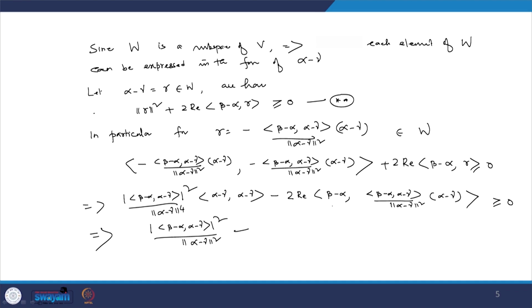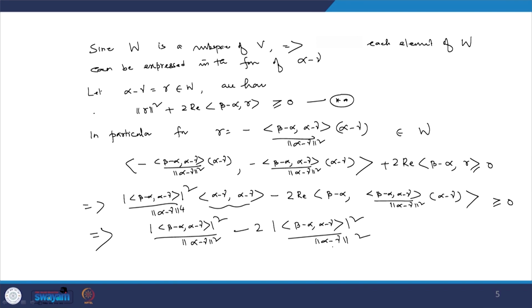So it will be again minus 2 times mod of the inner product of beta minus alpha and alpha minus gamma, whole square will come to the picture, divided by norm of alpha minus gamma whole square.